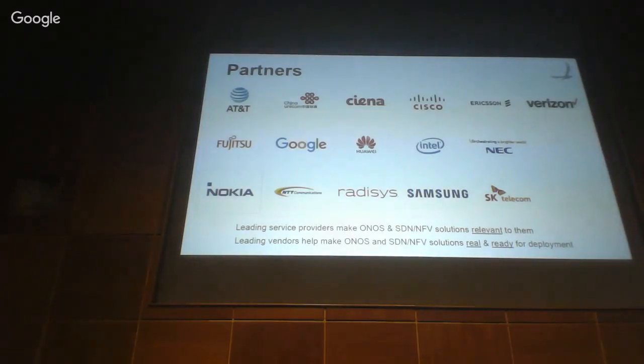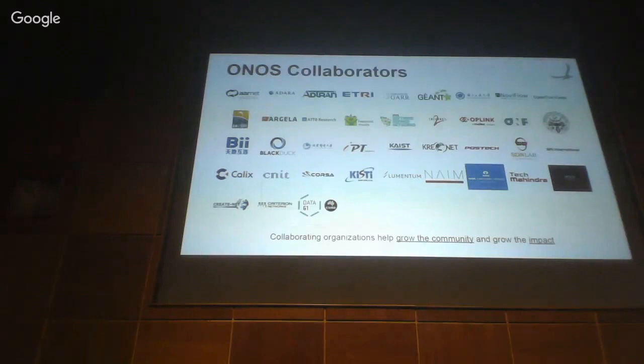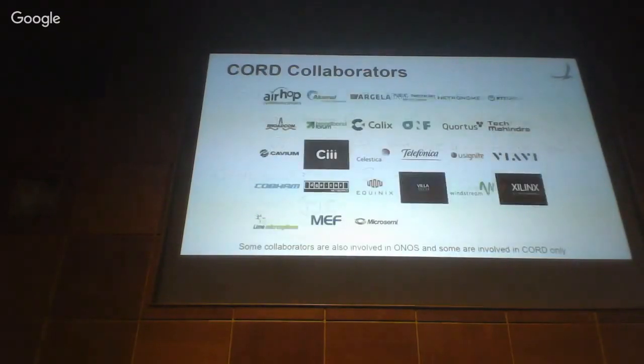As a partner, you can help steer the direction of ONOS and CORD as is relevant to your needs. We have a lot of collaborators. I mentioned we have 60, 70, 80 plus collaborators. We have ONOS collaborators, and we also have CORD collaborators. I won't go through all the list, but of course, some have already been mentioned today, and you're very familiar with others.